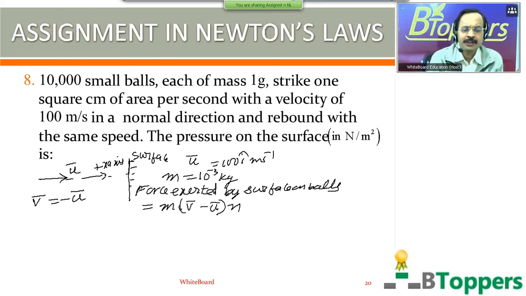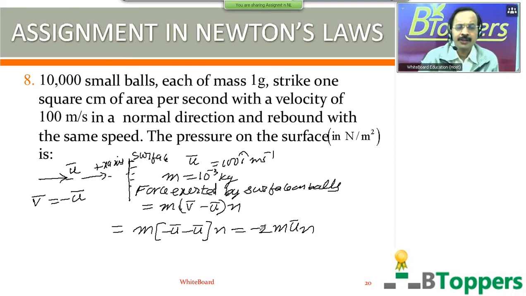Similar question we discussed earlier with a small difference. Here v bar equals minus u bar. So that will be minus 2 m u bar into N. The negative sign indicates that the force on the balls by the surface acts in the negative direction of the x-axis, that is, away from the surface.